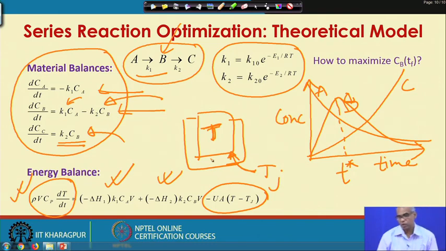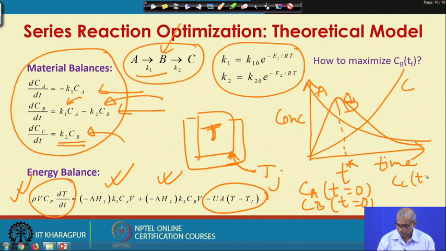So, solutions of this equation will give me how concentration of A, concentration of B, concentration of C changes with time. Of course, we need the initial values. So, we need Ca at t equal to 0, Cb at t equal to 0 and Cc at t equal to 0.